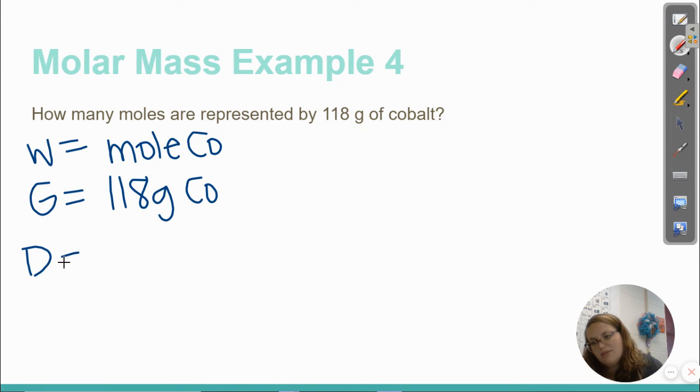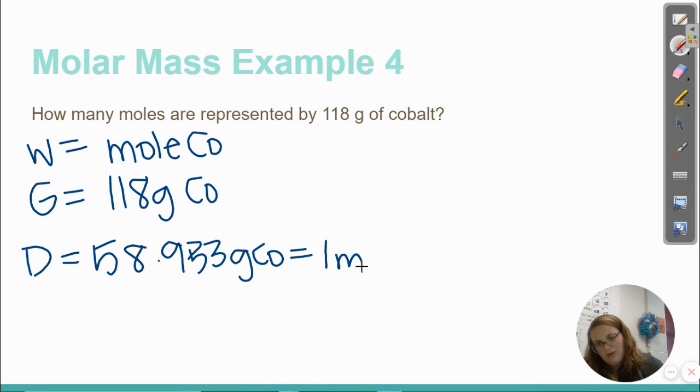For our data, because we're just looking at cobalt by itself, on the periodic table, it is right here. And if you look right there, it says that for every 58.933 grams of cobalt, I'm going to have 1 mole of cobalt.